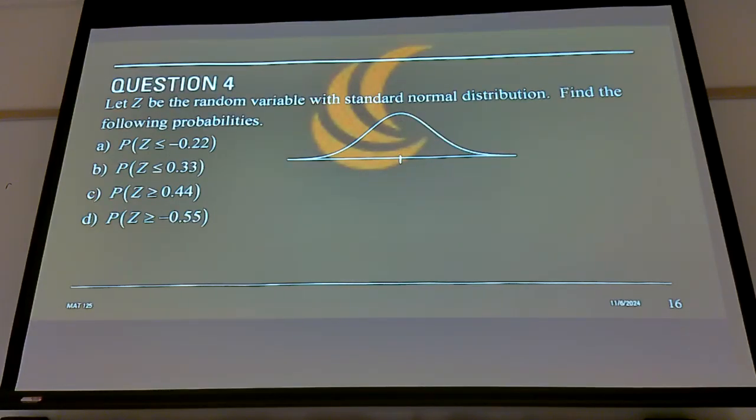Let's say right there's our 0, right? Less than negative 0.22. Well, that would be that area, right? Oh, that's nice. The chart gives us that right off the bat, doesn't it?